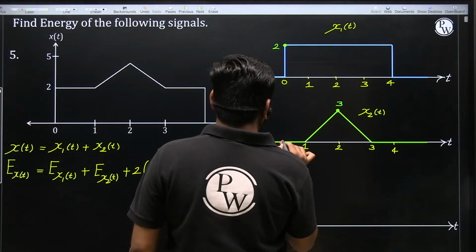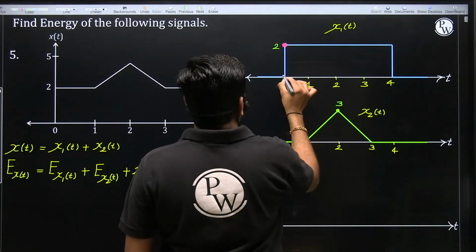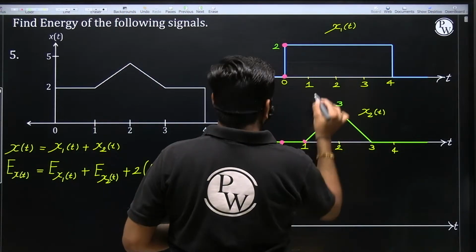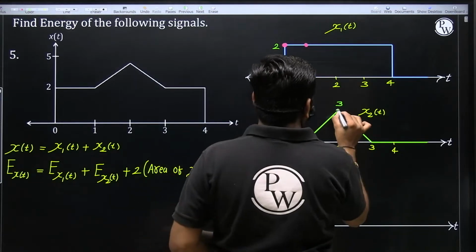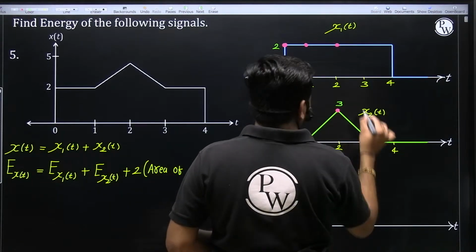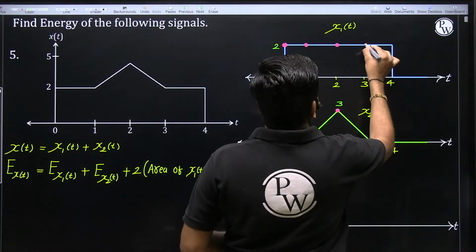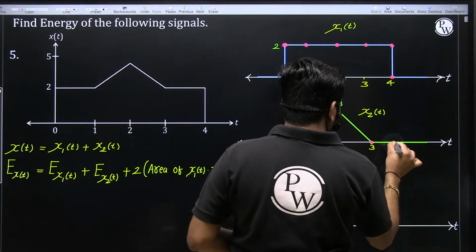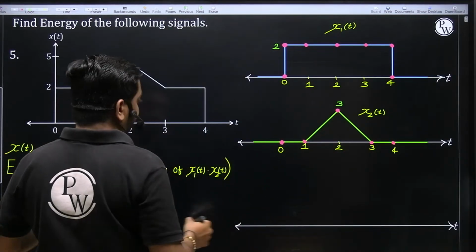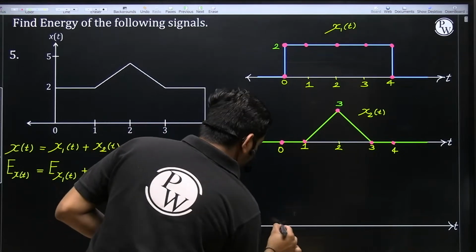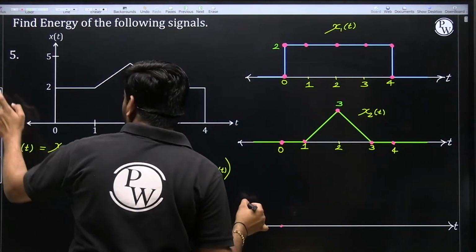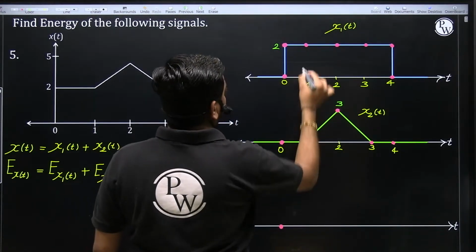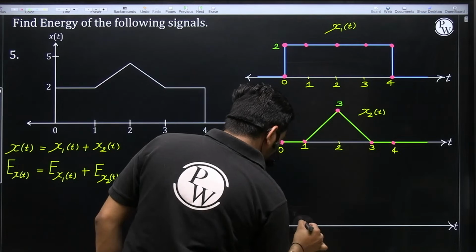You can see here, 0 multiplied by 2 is 0, and 0 multiplied by 0 is 0, guys. Then 2 into 0 is also 0, and 0 into 2 is also 0.